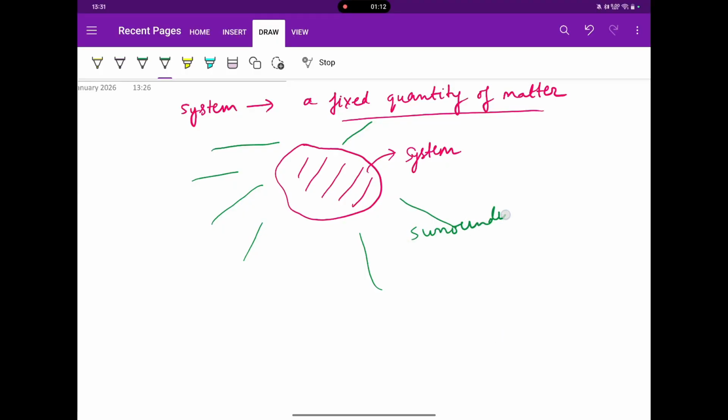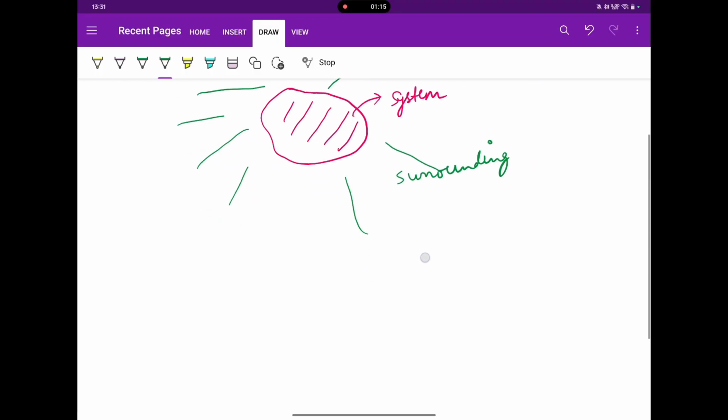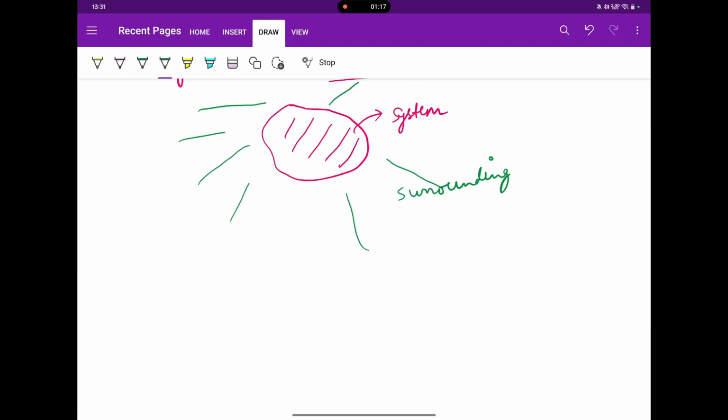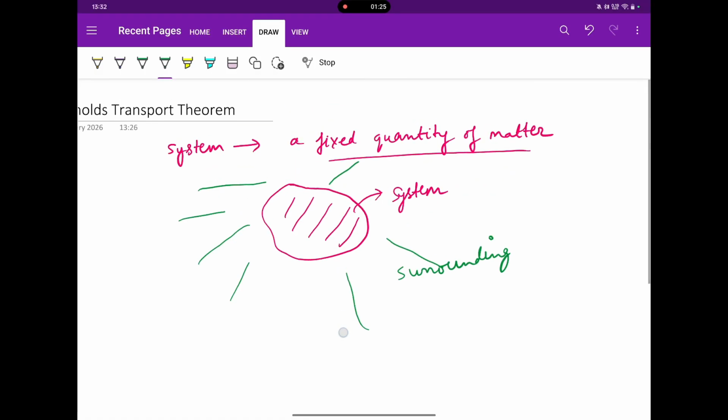Now why am I acknowledging this boundary? It would be clear when I will be discussing the RTT, Reynolds Transport Theorem.